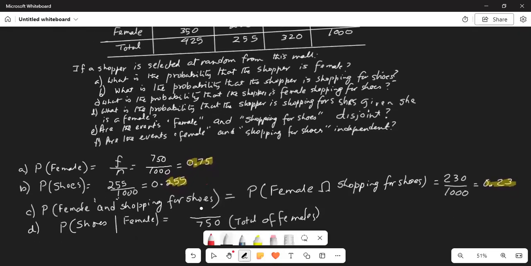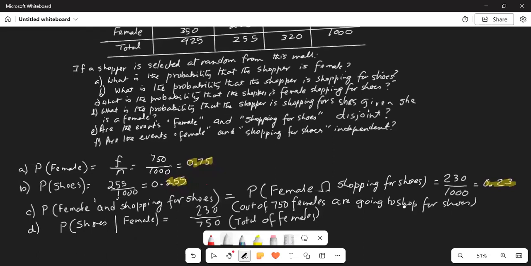So 230 out of 750 females are going to shop for shoes. That's how the picture is.